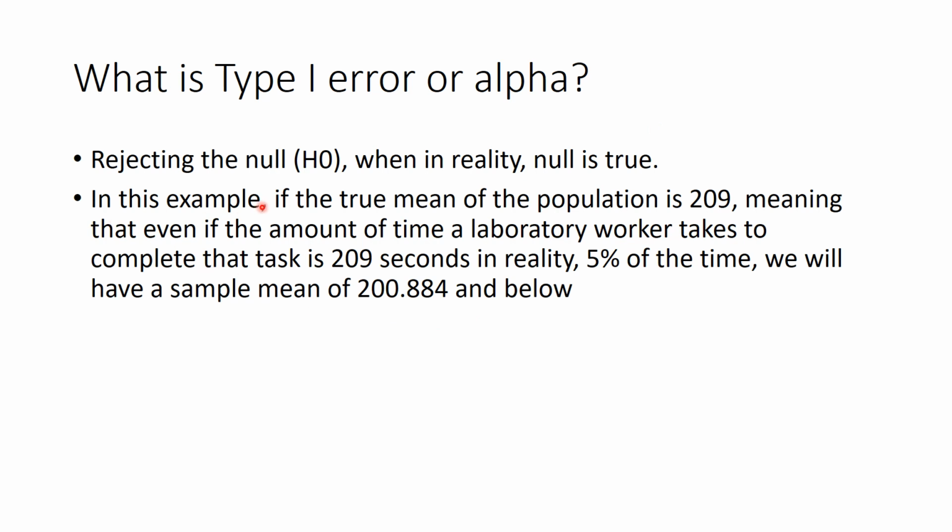So in this example, if the true mean of the population is 209 seconds, meaning that even if the amount of time a laboratory worker takes to complete that task is 209 seconds in reality, that's the true mean of the population, with the critical value of 200.88 seconds, 5% of the time we will have a sample mean of 200.88 and below, even though this is the true mean of the population.